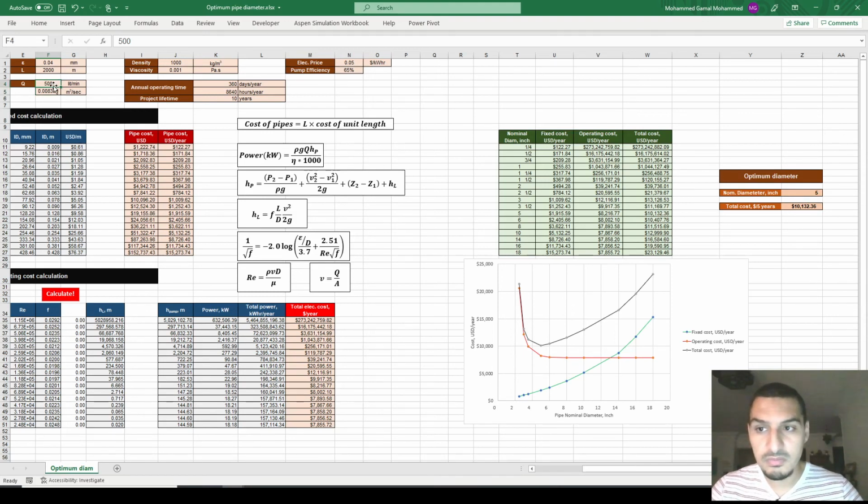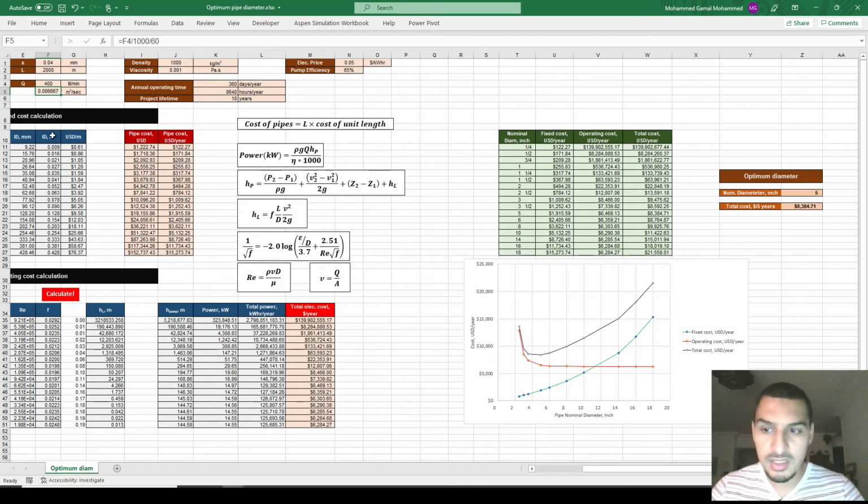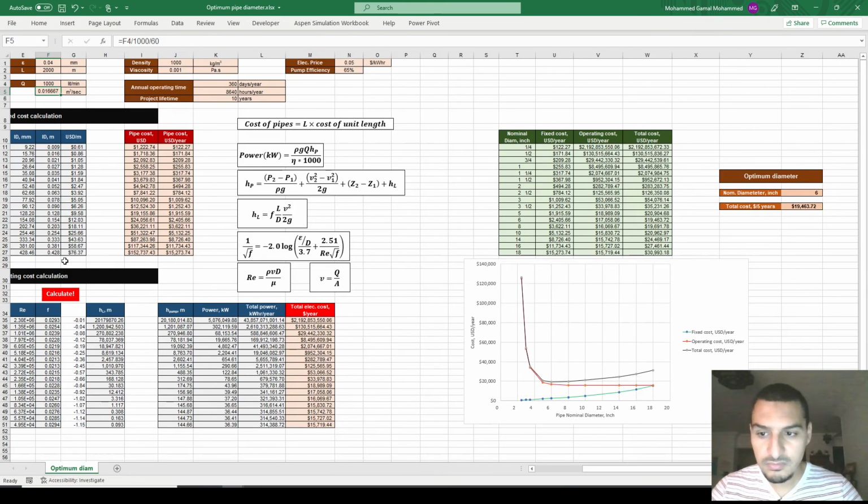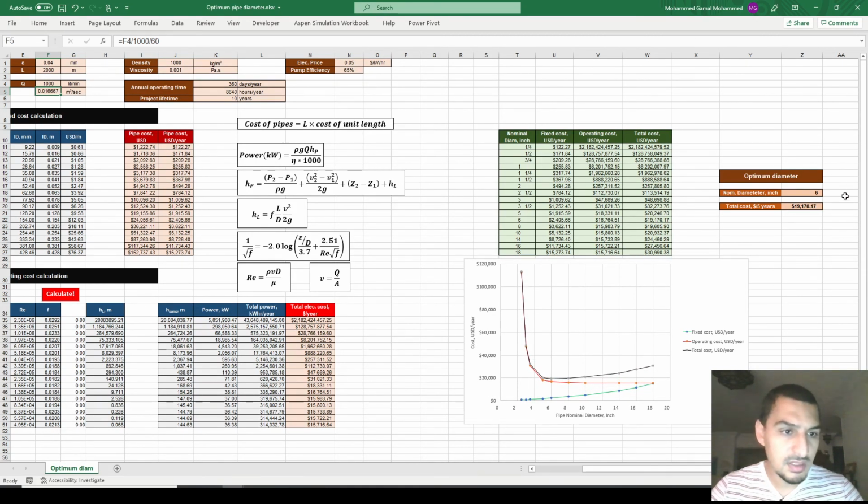If I go for 400, then I should go for maybe a smaller diameter. It's not smaller, but let's go for 250. And now it's more optimum to go for 3.5 inches. If I increase it, make it for instance 1000, and recalculate the friction factor, then it's gonna be more optimum to use the 6 inches.